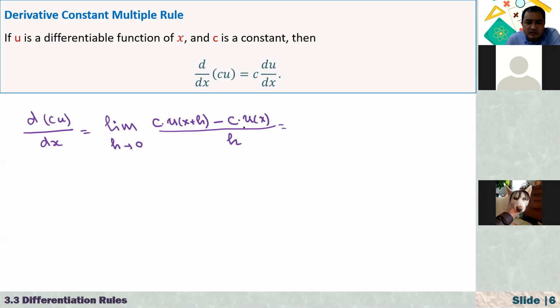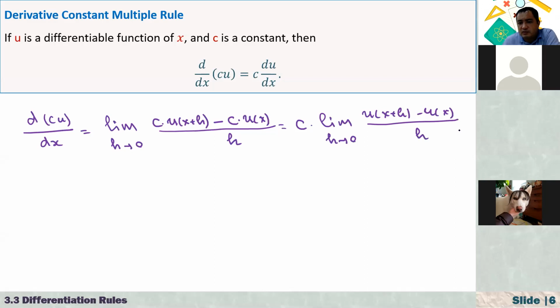Now, as you see here, c is a common factor. Using the property of limit, we can take this out. So I can write it as c times the limit as h approaches 0 of u of x plus h minus u of x over h, right? Which is equal to c times u prime of x.